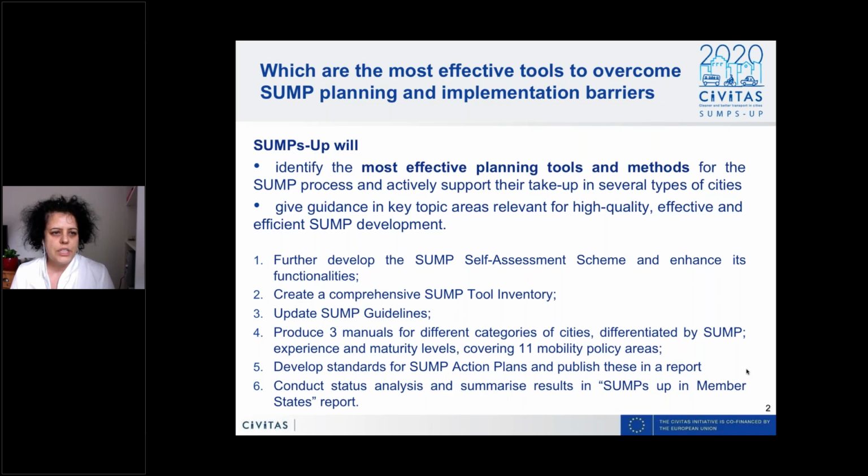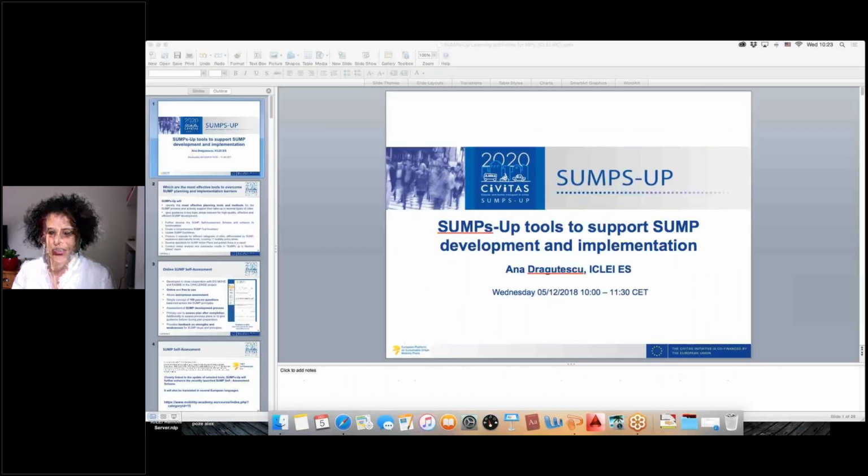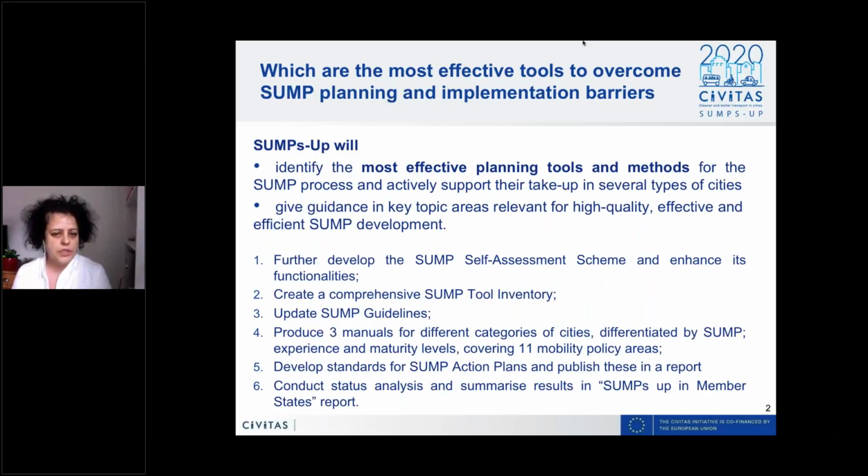So SUMPs-Up has identified different planning tools and methods, and it's working with very helpful tools like the self-assessment scheme, the tool inventory, the guidelines that Maya has talked to you about.